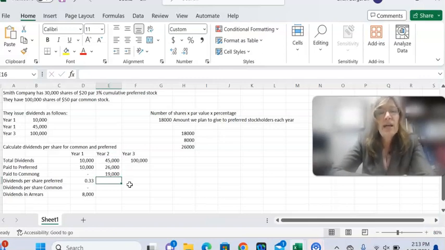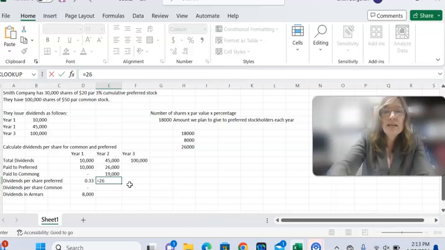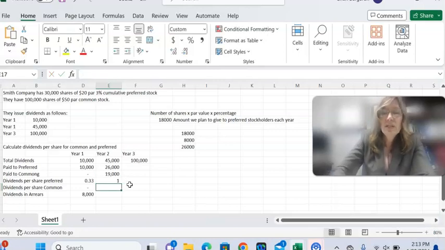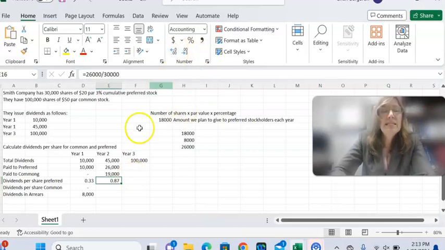Now we need to figure out how much that is per share. Well, how much are you giving preferred? 26,000. How many shares of preferred do you have? So you divide by 30,000. All right, we need to round that. 87 cents.